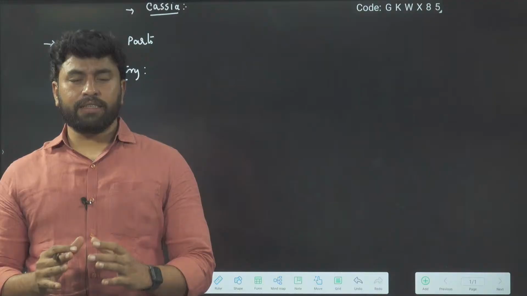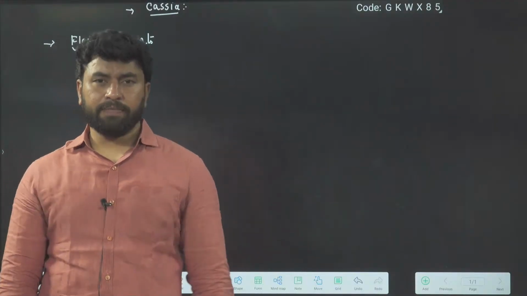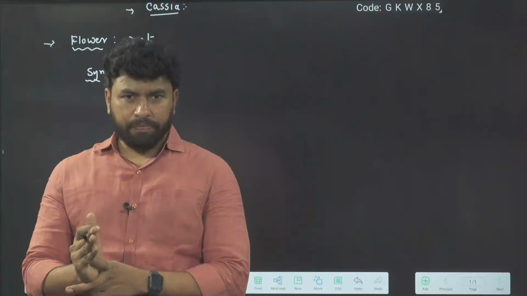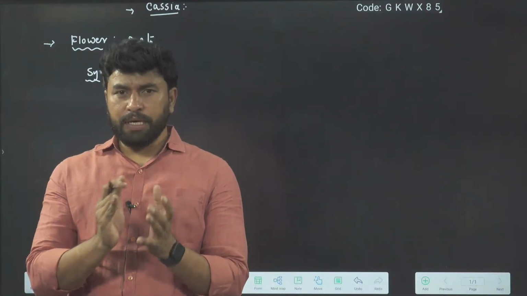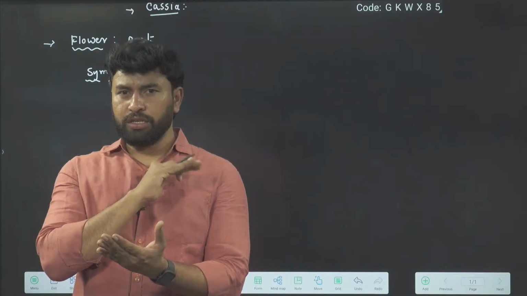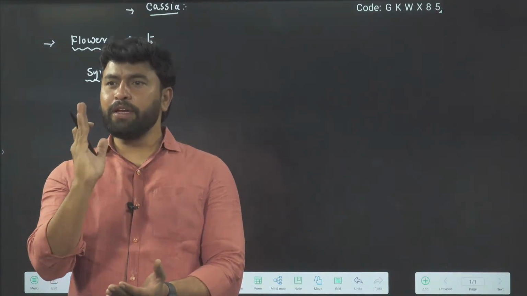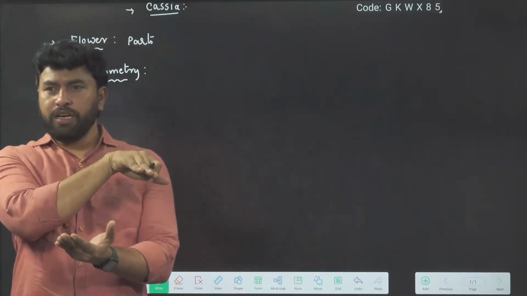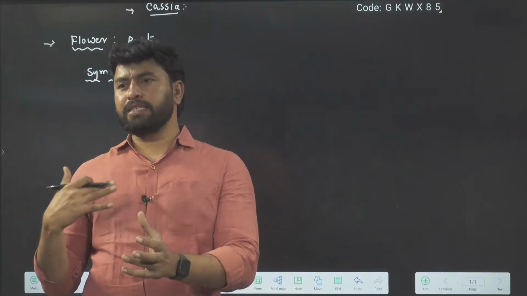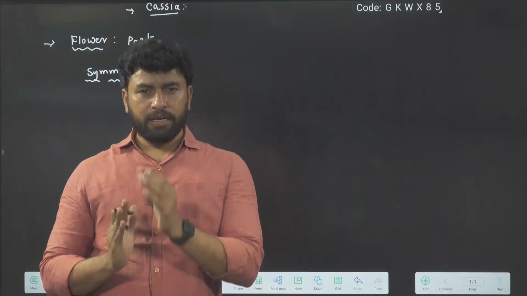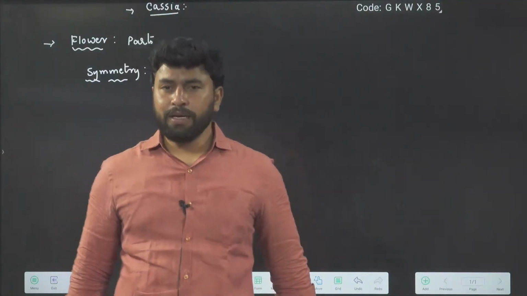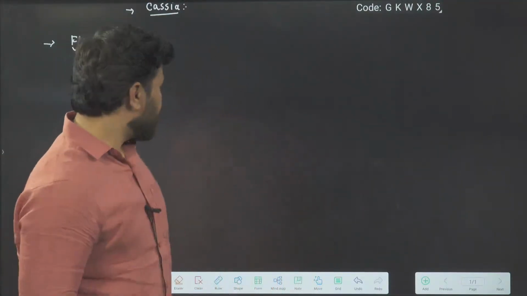To decide it, we have a criterion. Take a flower and cut it vertically. If the flower becomes equal parts in a vertical plane, be careful, not the horizontal plane, you have to cut vertically. You should not cut the flower in a horizontal plane to decide symmetry or asymmetry. Based on this criterion, we have symmetry types.